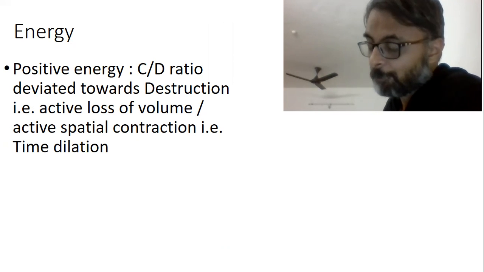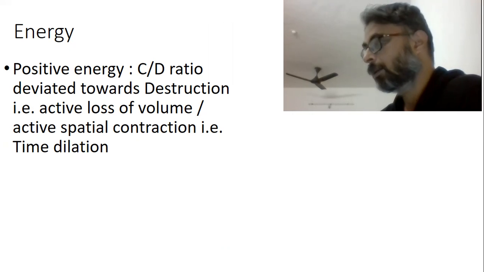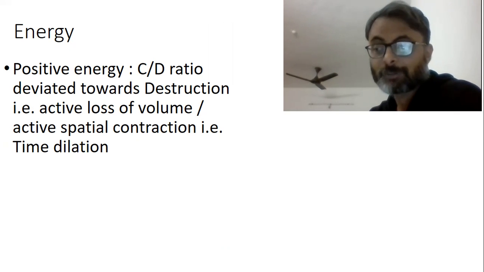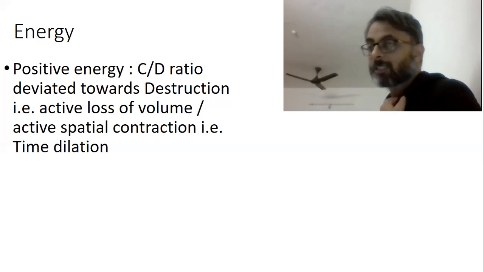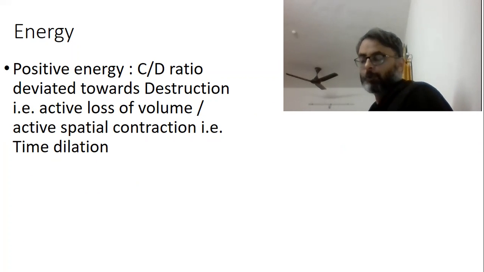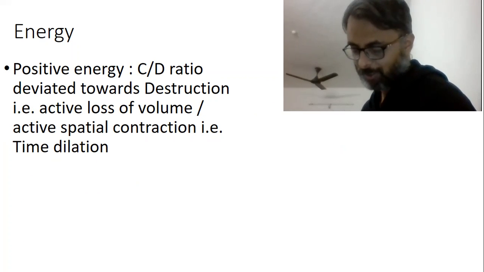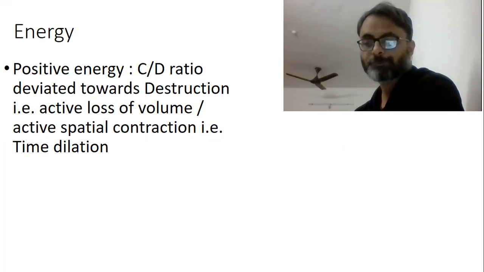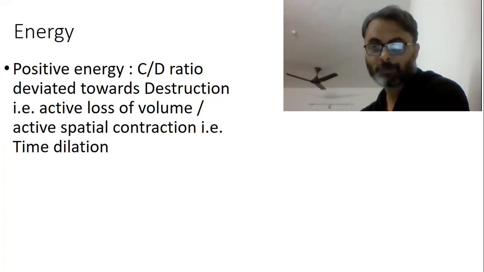If there's an active spatial contraction, local time there will be dilated. Now, why does local time get dilated when there is an active spatial contraction? For that, you have to see the introductory video. But basically, any Planck clock, any miniature photon clock kept in that particular region, the active spatial contraction will hinder the forward progression of the photon.